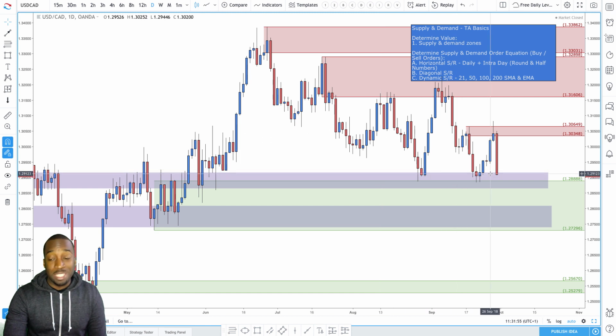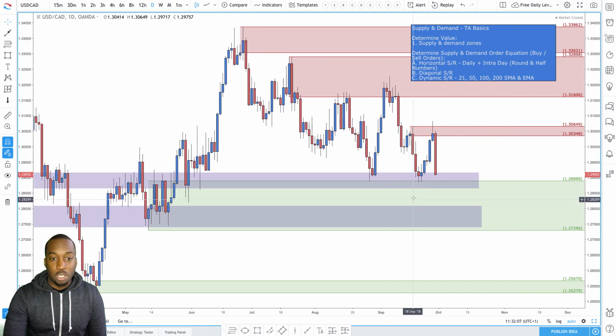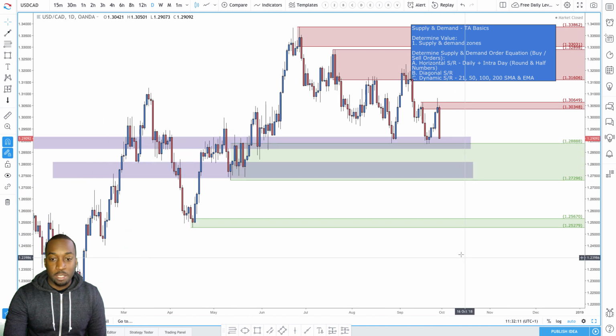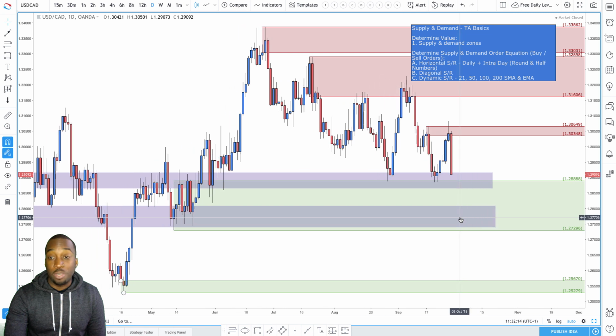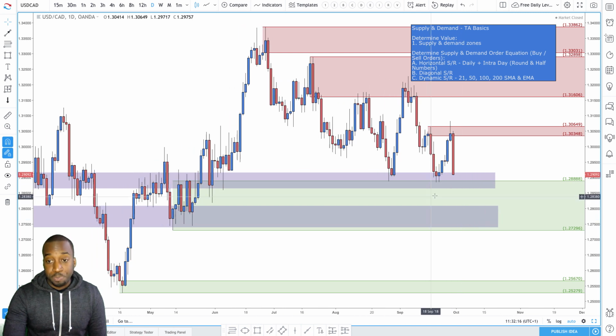Whether they will or won't is a different thing. I don't know, but my expectation is for it to range within a certain price at some point. So I'm not looking for this currency pair to really start trending for the long term, even though again it could. So those you're buying, and again you're selling options.